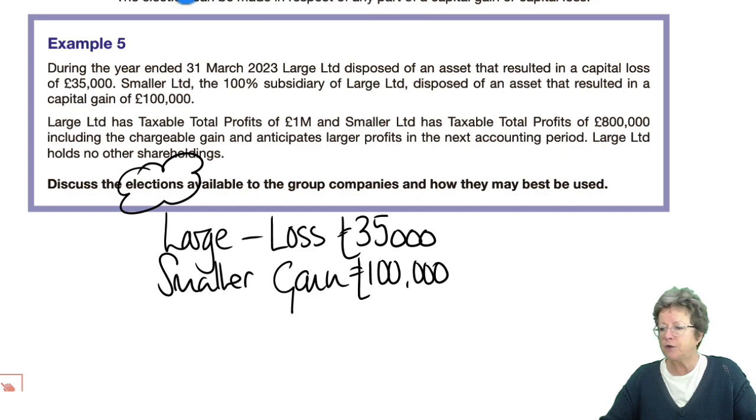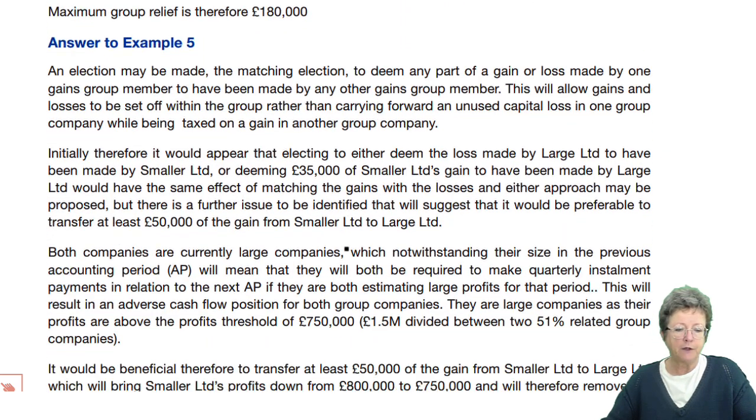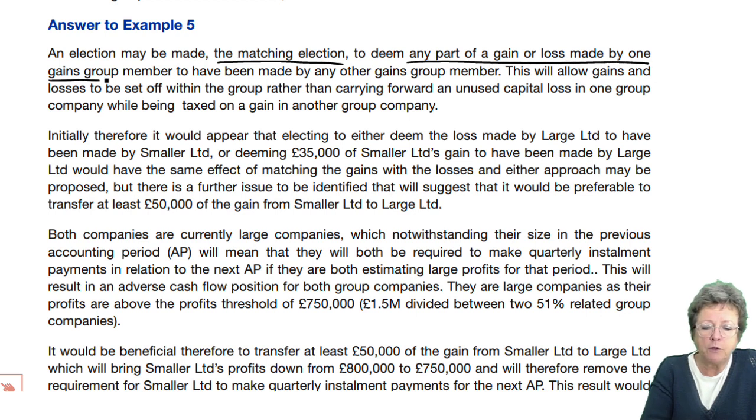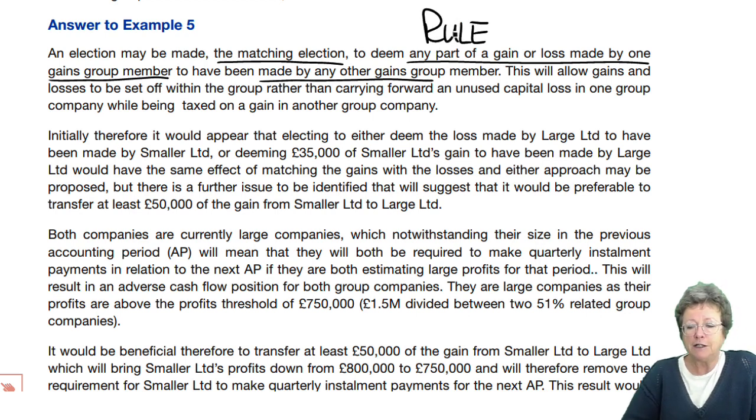Let's discuss the answer in full here. For example, number 5. So it's called a matching election to deem any part of the gain or loss made by one of the group companies to be made by another member of the group. That's the rule that has been written out. It's called the matching election.